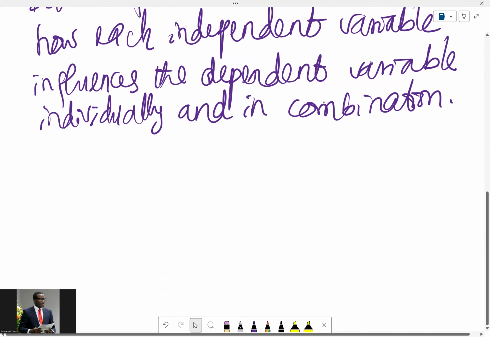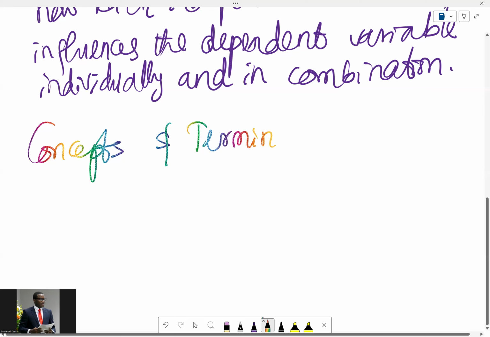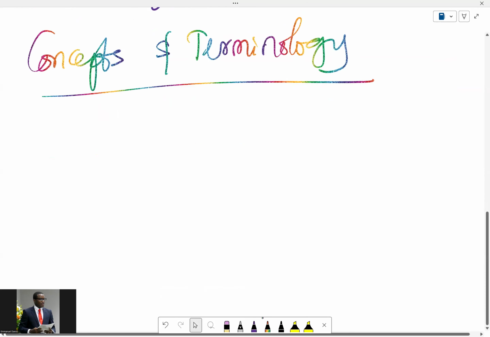So let's talk about some concepts and terminology. Let's start with main effects.